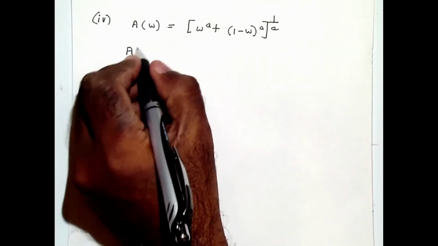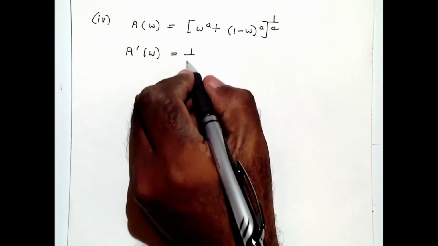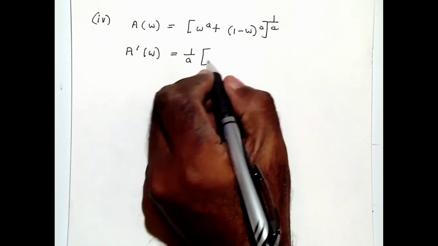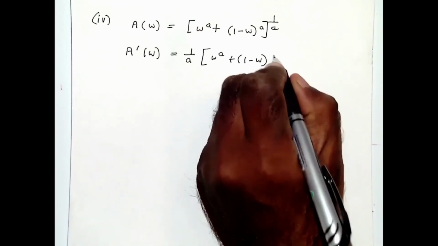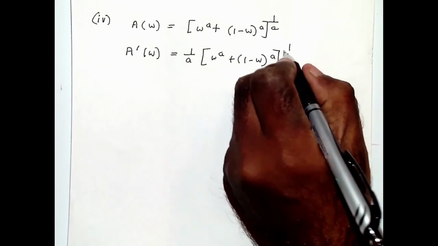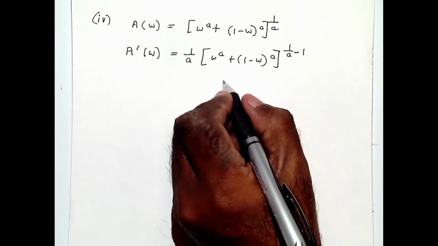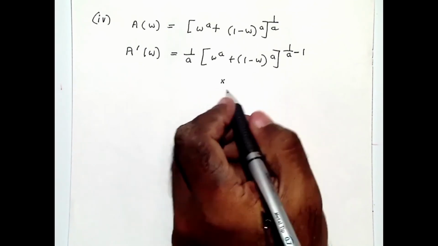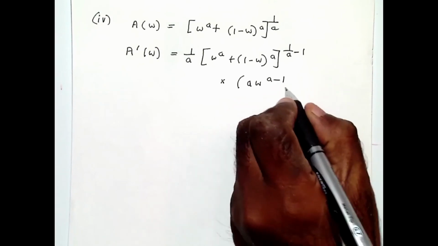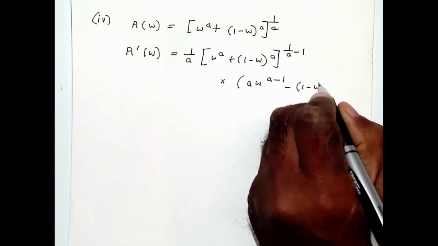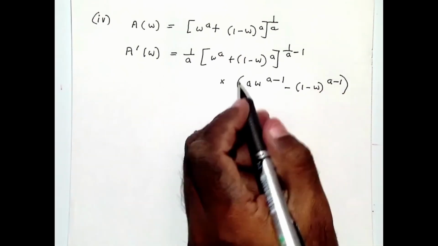So let's find the first order derivative, which is going to be 1 over a, multiplied by the derivative of this. Now you should simplify this.